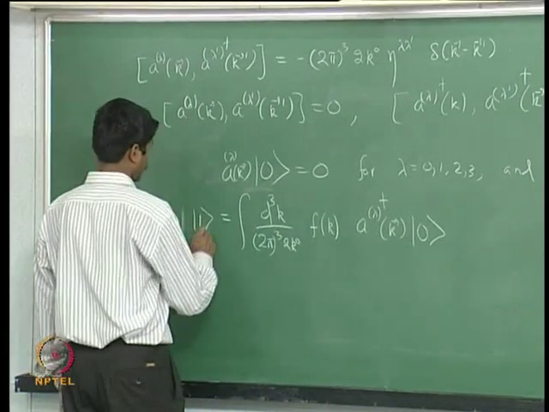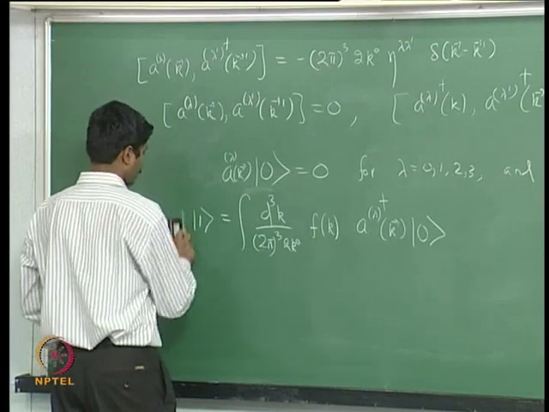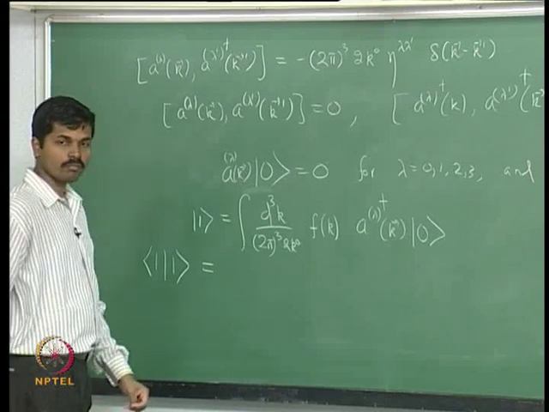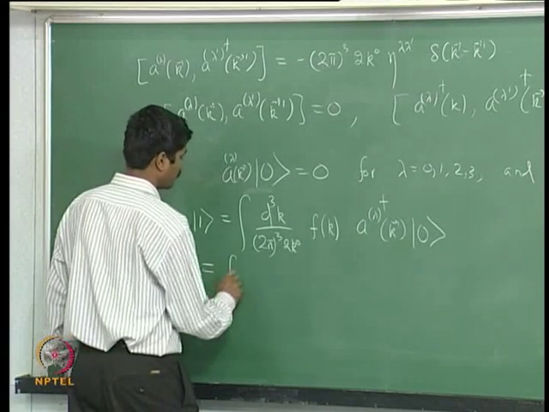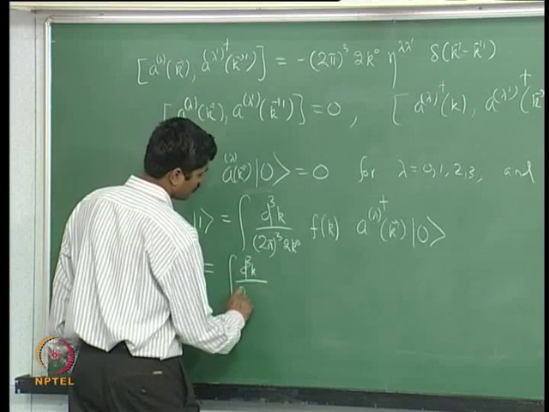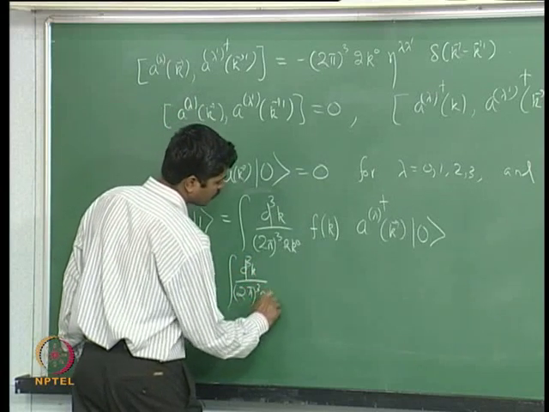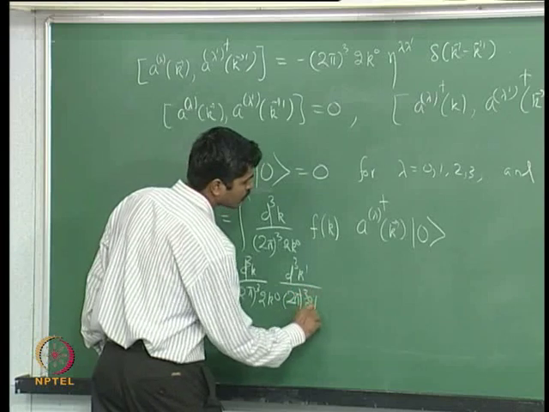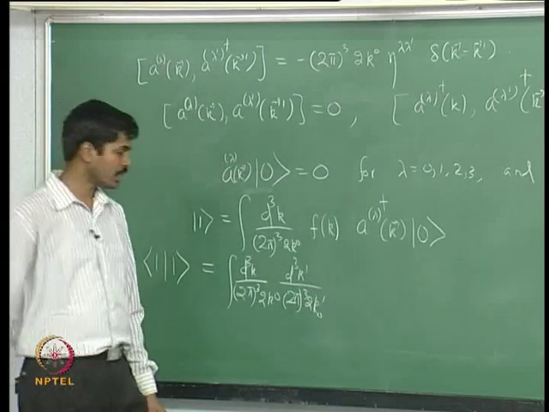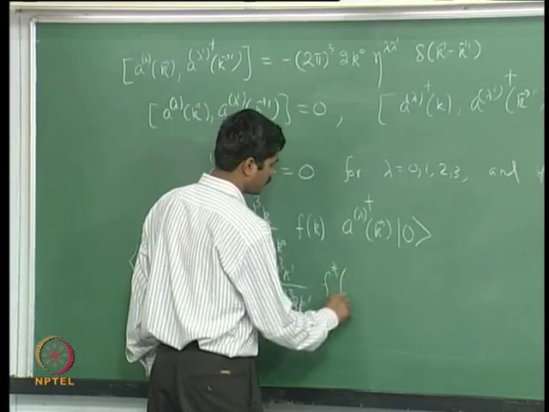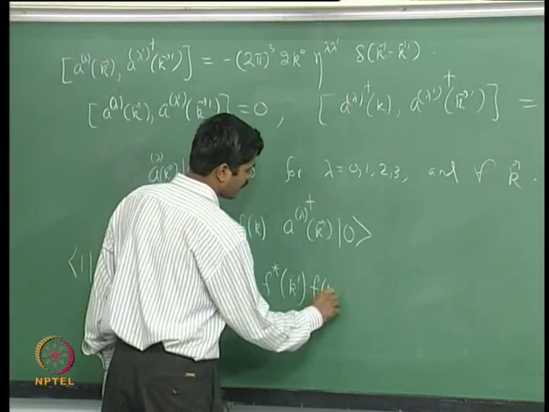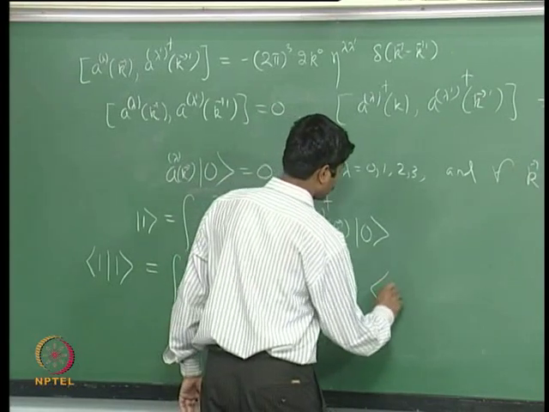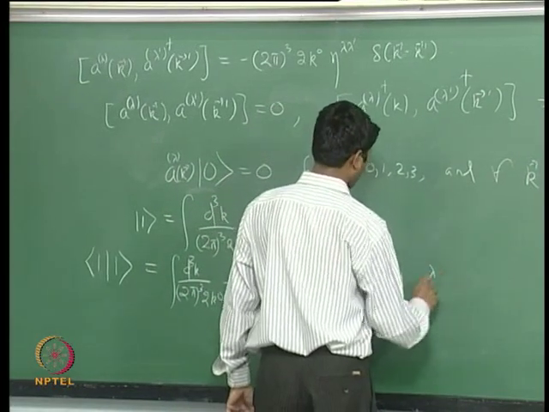This will be d3k prime over 2 pi cube 2 k 0 prime, and then you have f star of k prime f of k, then A lambda.